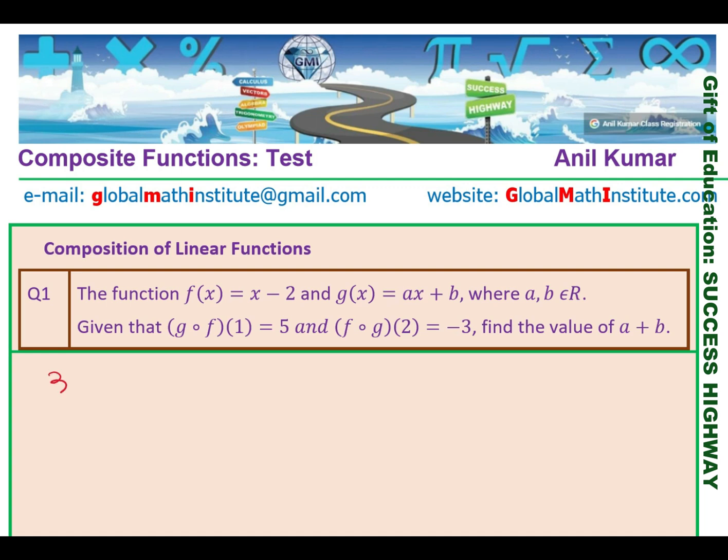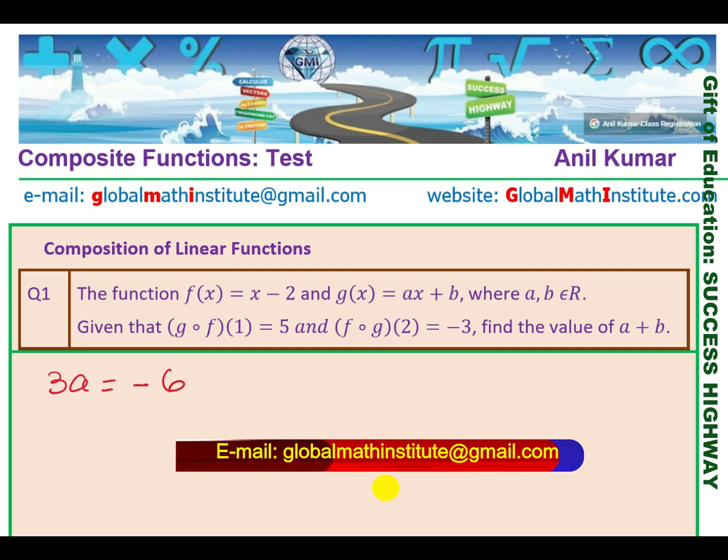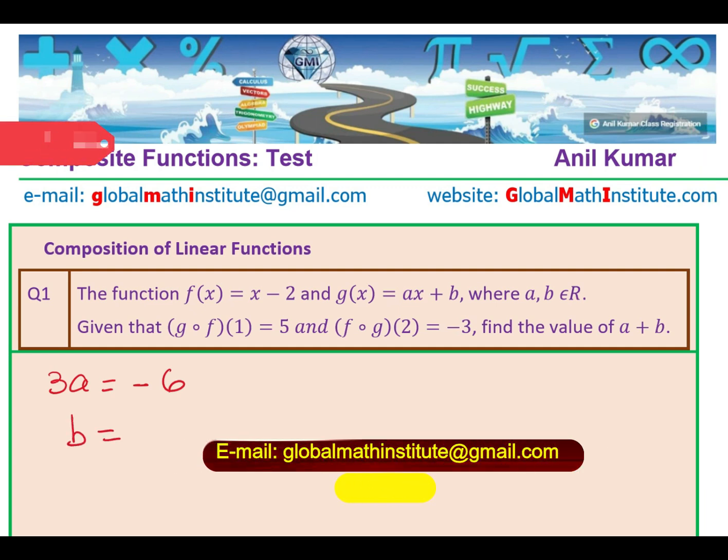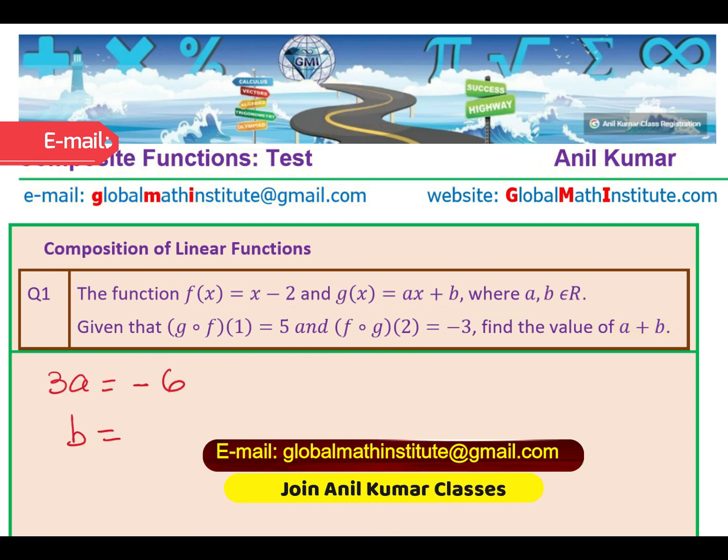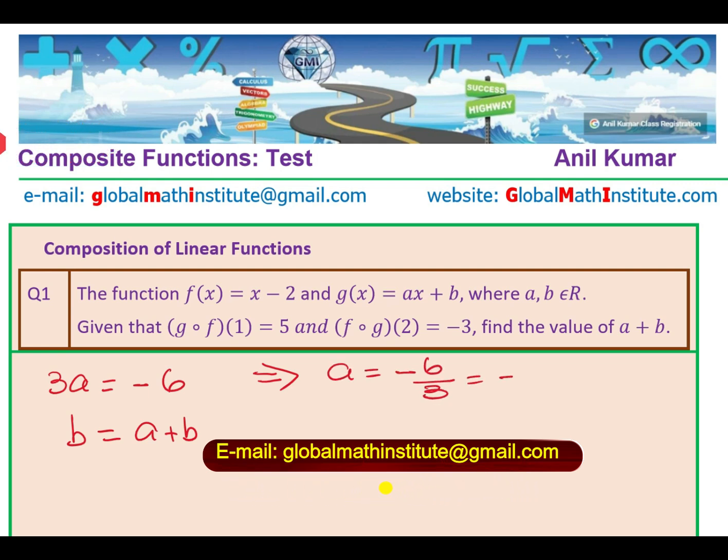So we get 3a equals minus 6, and earlier we had b equals how much? b is a plus 5. a plus 5, right? So now from here, 3a is minus 6, that means a is minus 6 by 3, which is minus 2.